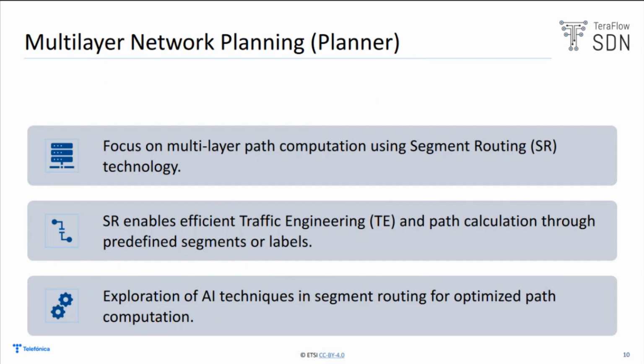To check if this intent can be created, the planner uses a multi-layer path computation to combine IP and optical topologies and checks if the resources of the IP topology are enough or if it's needed to combine with the optical. With this, we are also exploring artificial intelligence techniques to optimize the path computation algorithm.